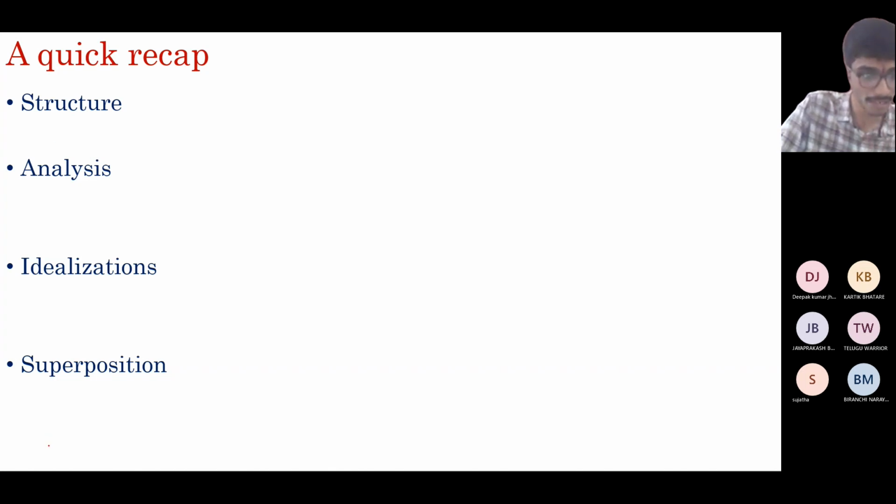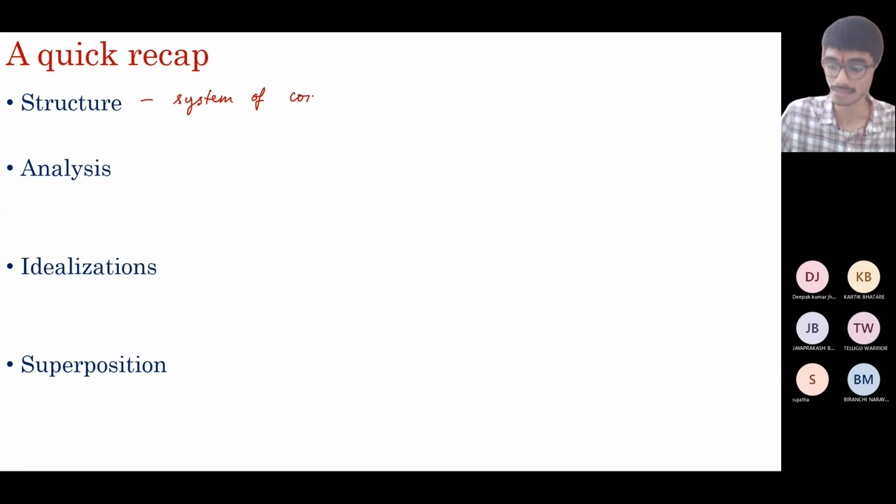The first thing that we'll be seeing today is what is a structure. I hope you would have seen the introduction videos of Professor Amit Shah. A structure is basically a system of connected parts. Is that all? No, because an engine is not usually called a structure.